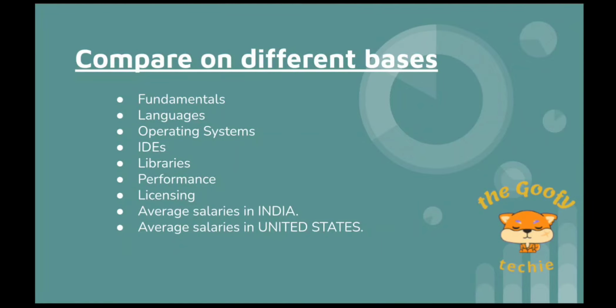So on these bases I will be telling you the difference, and that's your work to decide which one is better than the other. So let's get started with fundamentals.